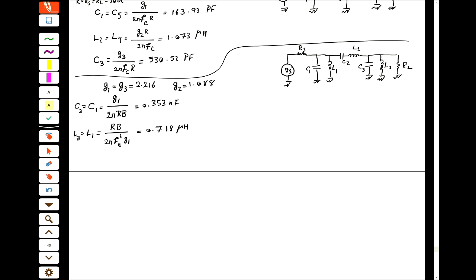So what's the formula for C2? L2, RG2 over 2R.